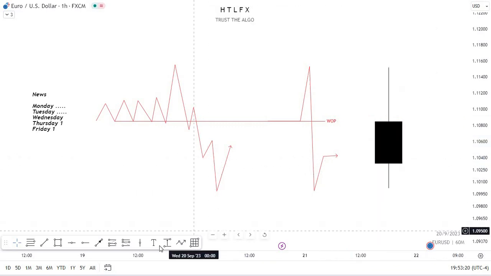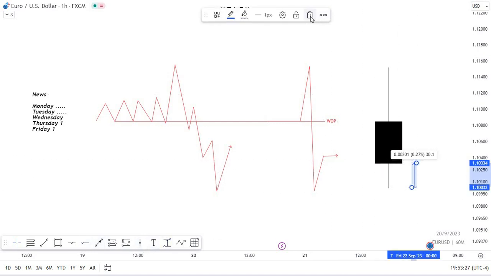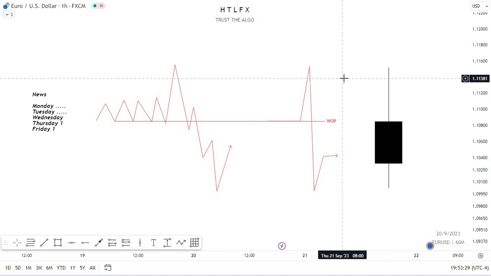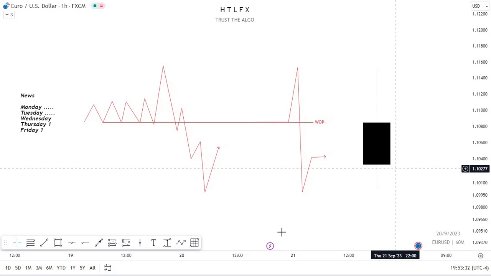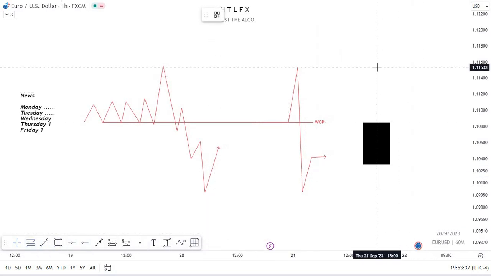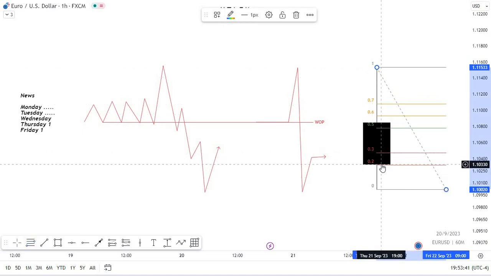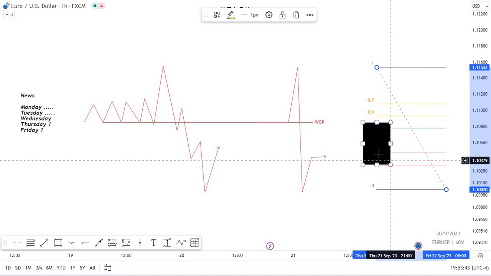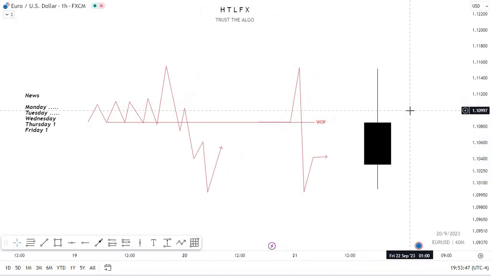From here to here, we call it the Thank God It's Friday, TGIF model, by ICT. And of course the target is going to be from the high of the week to the low of the week, and we target this level, 0.2, 0.3, the target. So yeah, that's it.